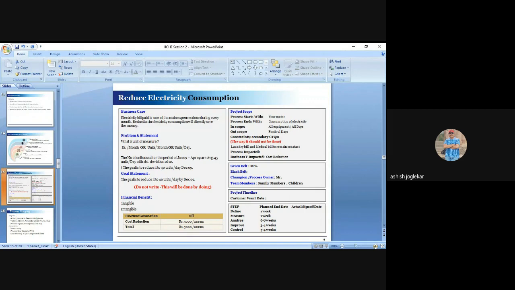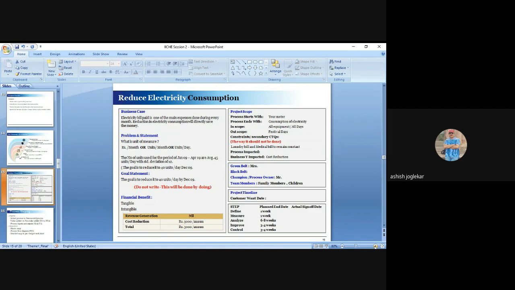When other tools are used for improving the process, they don't use this term secondary CTQ. So this is unique to Six Sigma. What it says is what you should not do, or should not get deteriorated, while improving the CTQ. This is to be monitored when you do the project. Like I said, if you are improving the quality of the product, you have to monitor that production doesn't go down. Production remains at a constant level.